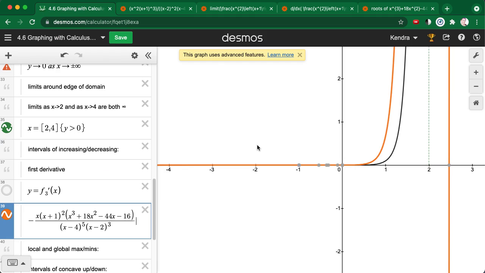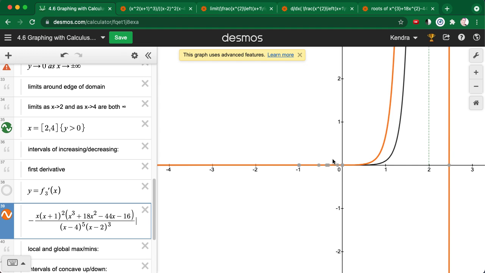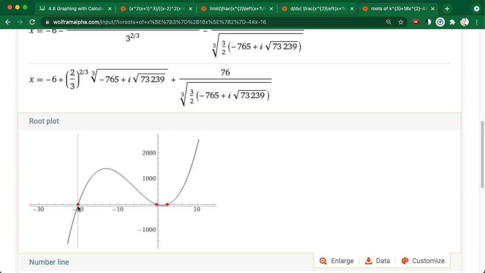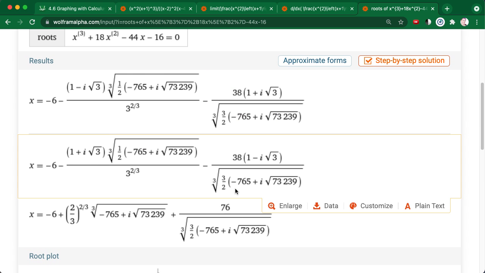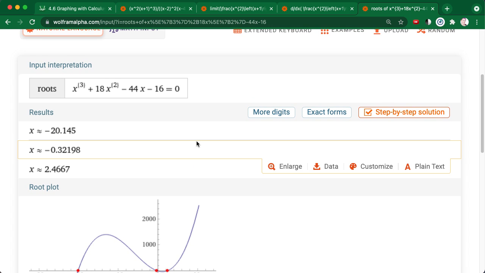Okay. And I'm looking back here, this orange plot is not just that cubic, it's that cubic mixed in with a whole bunch of other stuff inside of a rational function. But that cubic itself has 3 real roots, which is good for us to see. I want to go back to the approximate forms. Okay, so there are 3 real roots to that cubic.